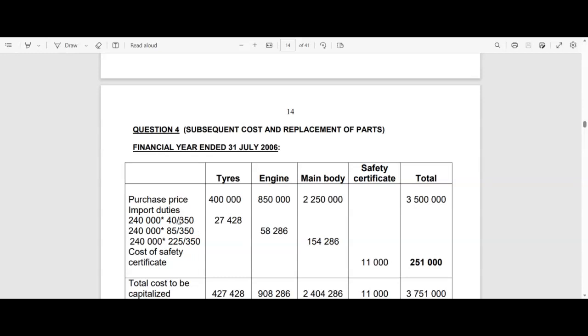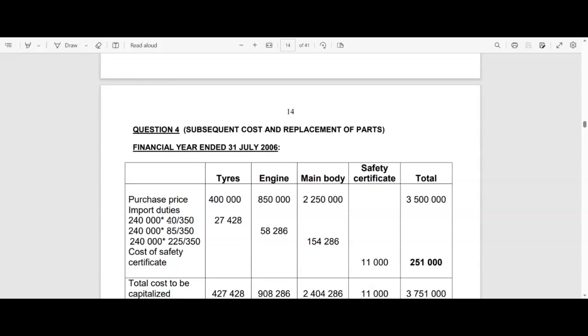So what we say is below the line is going to be our total cost for the whole overall asset of 3,500,000. We've just cut off equal numbers of zeros on each side here. And then above the line in our little formula, we'll have the purchase price of the tires.